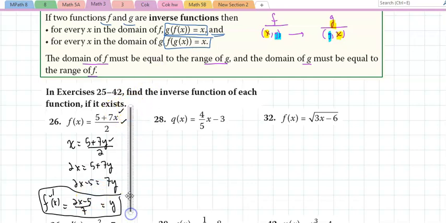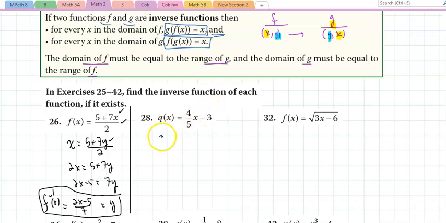When I look at number 28, that's also a straight line. I know that's 1 to 1. The only straight line that doesn't have an inverse would be a horizontal line, or vertical line for that matter. So this is 1 to 1.